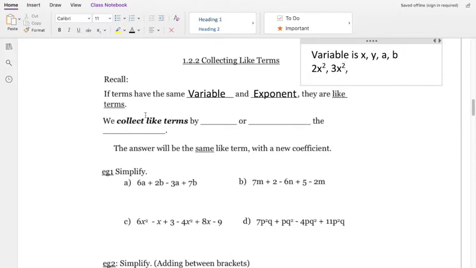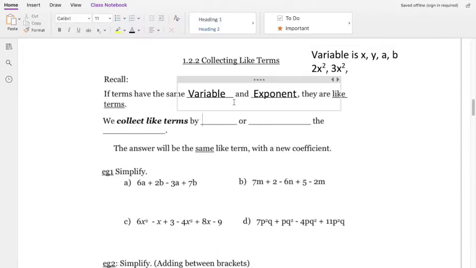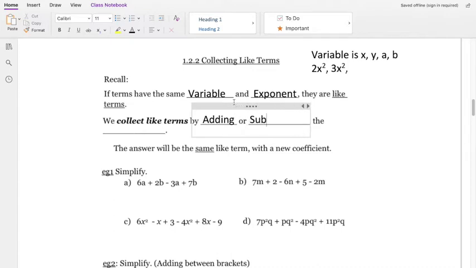Okay. We collect like terms by adding or subtracting the coefficient. Coefficient. How did I do? Horribly. Okay.